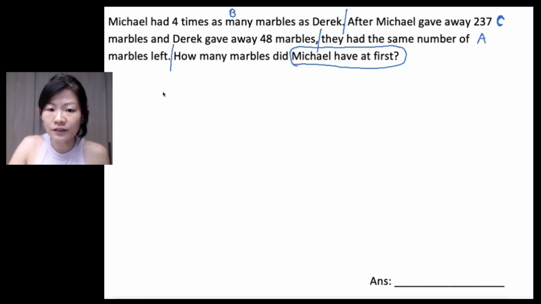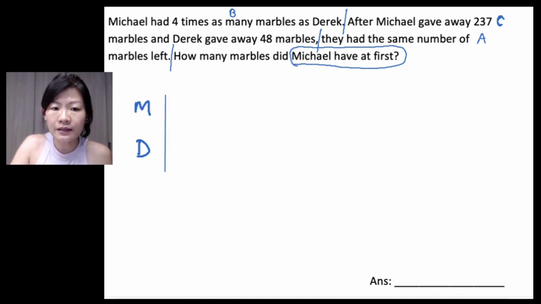Now, to solve the question, we will actually start off with a model. So I will have Michael compared to Derek at first. Okay, and we know that Michael is having 4 times as many marbles as Derek, so which also means that Michael will have 4 units while Derek has 1.